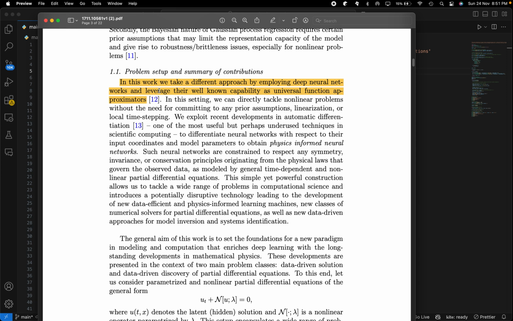So no matter what dimensionality or what kind of function you are looking at, a neural network can theoretically approximate it. In this setting, we can directly tackle nonlinear problems without the need for committing to any prior assumptions, linearization, or local time stepping.